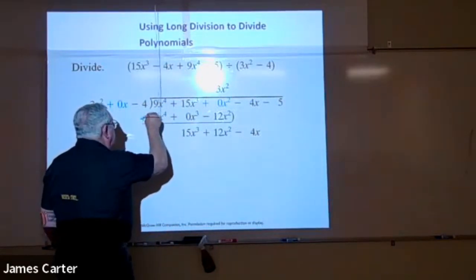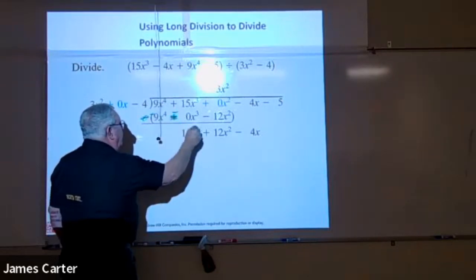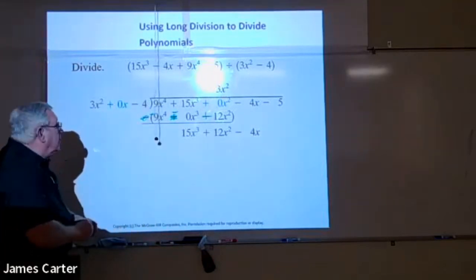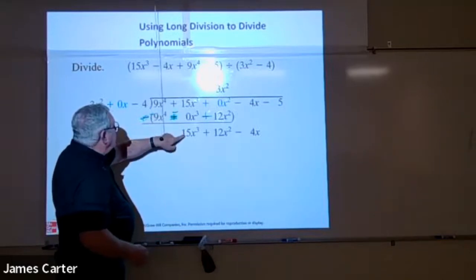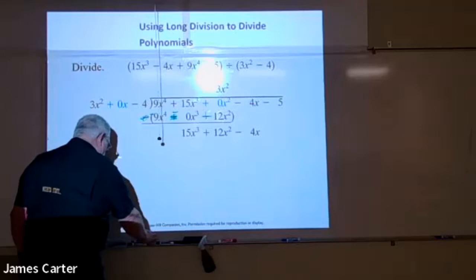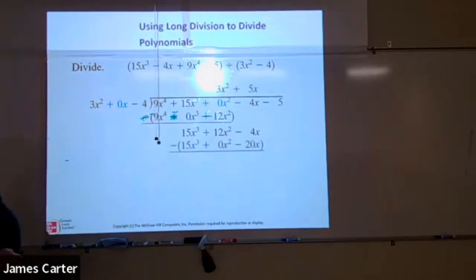Let's change this one to negative. Let's change this one to negative. And let's change this one to positive. Okay, those two wipe out. This gives me positive 15. That gives me positive 12x squared. My estimate is 5x.